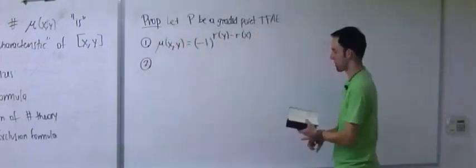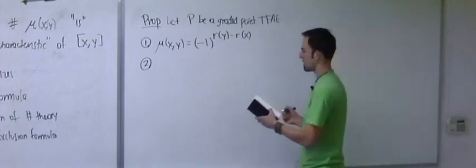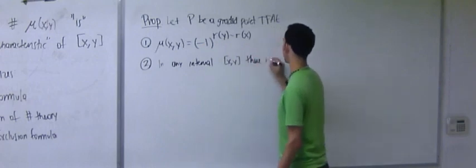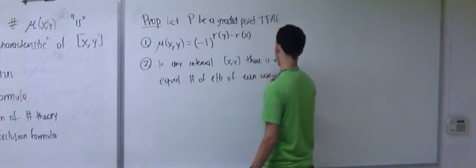And the second thing is that in any interval x comma y, there is an equal number of elements of even rank and elements of odd rank.